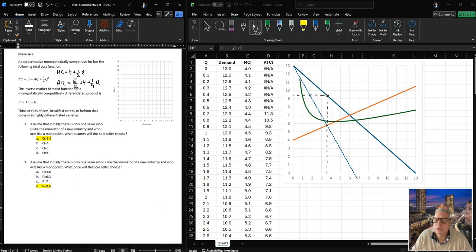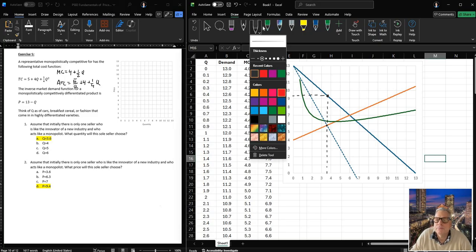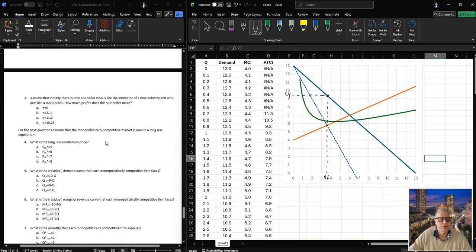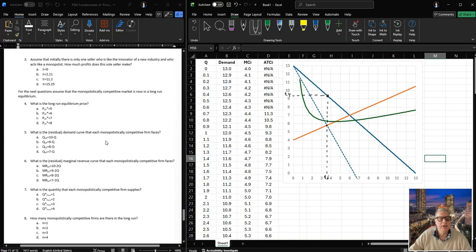So this value here is 9.4, and this one is 3.6. So assume that initially there is only one seller who is like the innovator of a new industry and who acts like a monopolist. How much profit does the firm make?